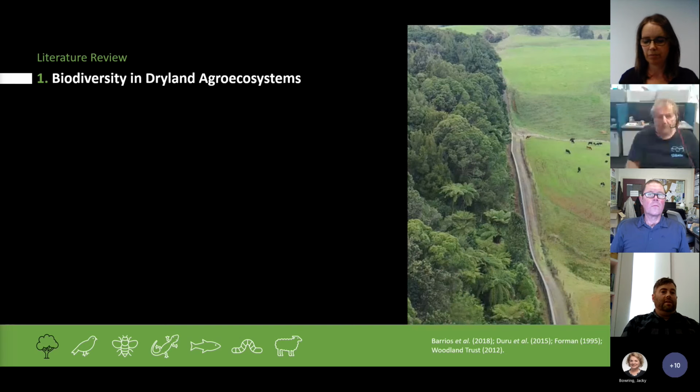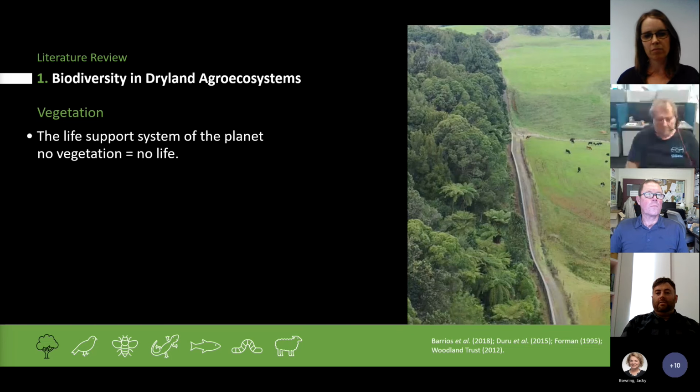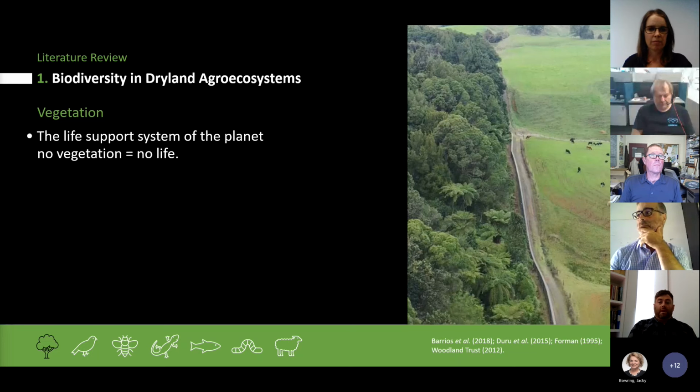So the first thing I looked at in the literature review was biodiversity in dryland agroecosystems. Vegetation is essential for life on our planet. It provides clean air and mitigates climate extremes, provides habitat for wildlife, sequesters carbon, and provides building materials for construction.